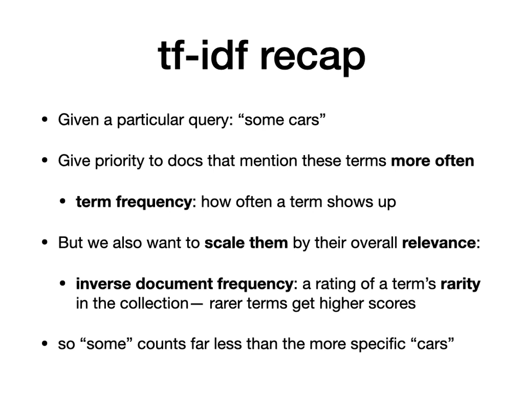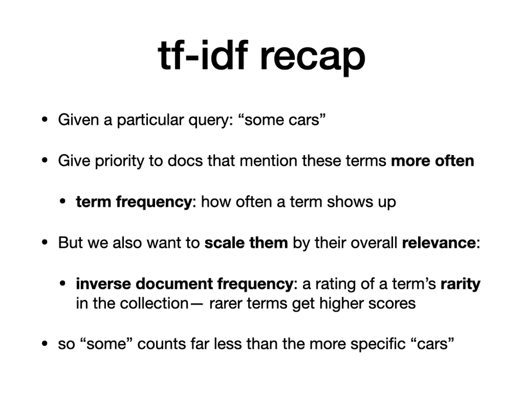We want to get this idea of how rare is this term in the collection. Rarer terms should probably get higher scores because they're more meaningful, right? If I'm searching the word the, well, if the collection is English, it's going to be a pointless addition, usually. Sometimes you need it for things like the who, right?